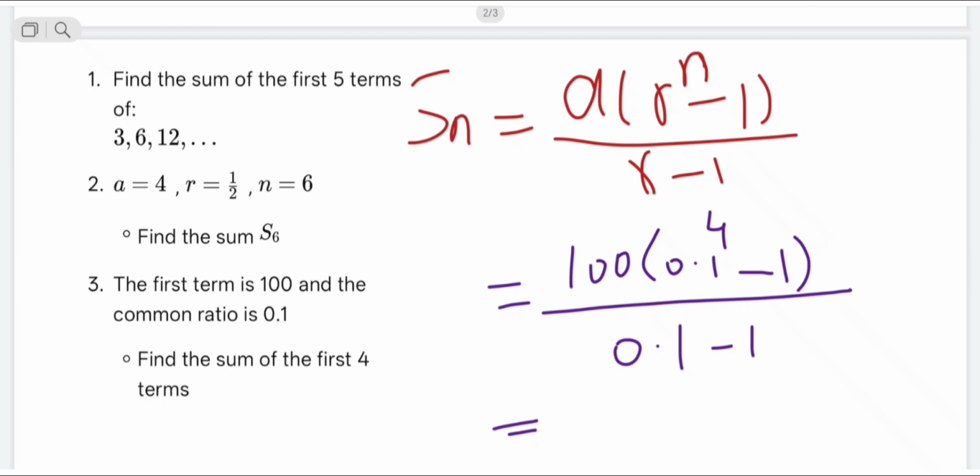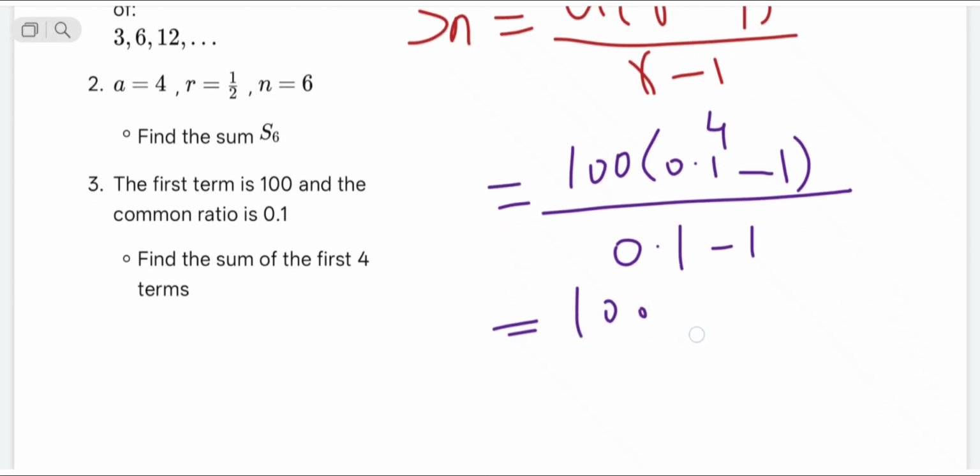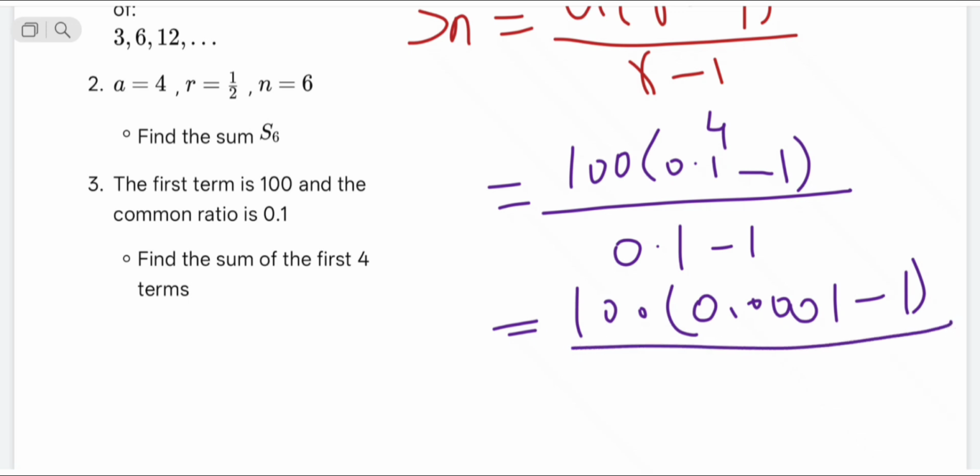Okay, now 0.1 power 4 is equal to 0.0001. So 100 bracket 0.0001 minus 1. You can use the calculator directly to solve this one.